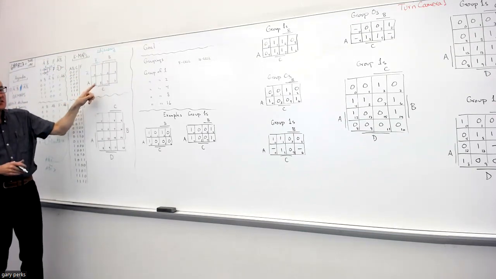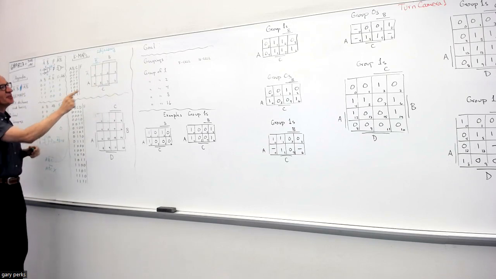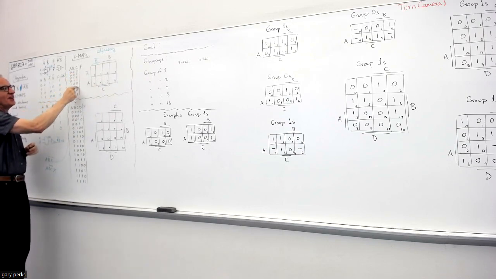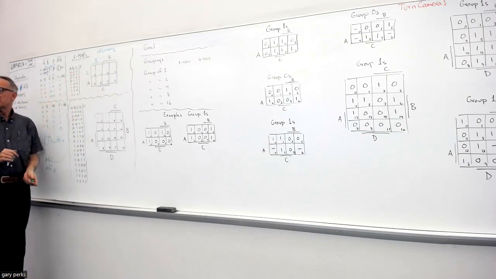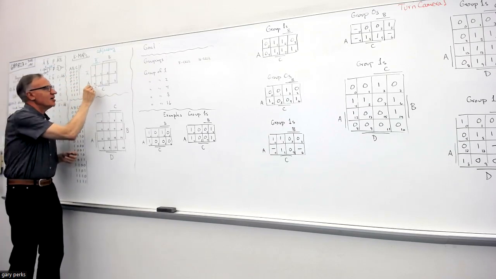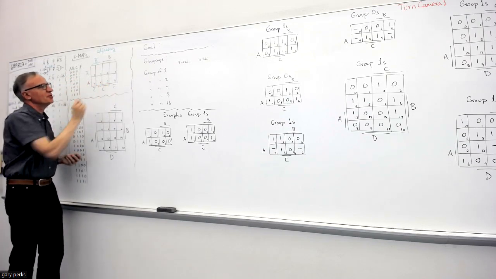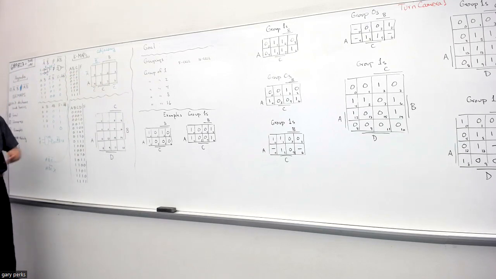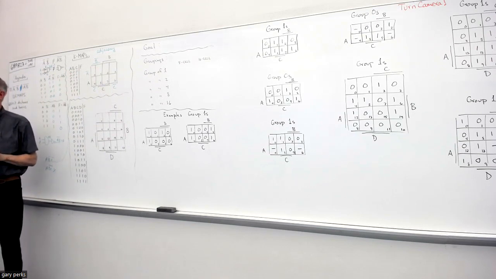C is for these 2 middle columns, because if you look at 1, 3, 5, 7, C is 1. Likewise, this column and this column could be not C, because for 0, 2, 4, 6, C is 0. So do you see how we get these?